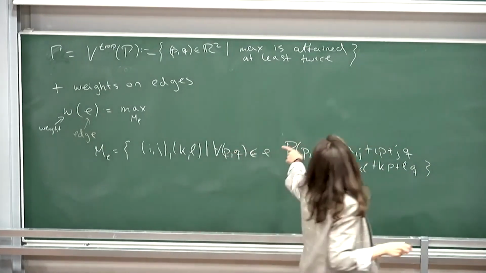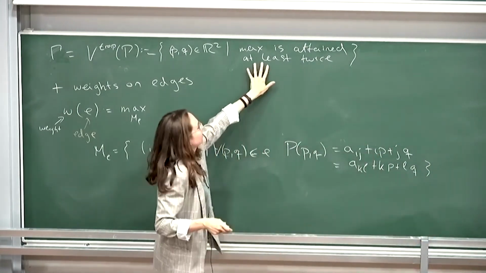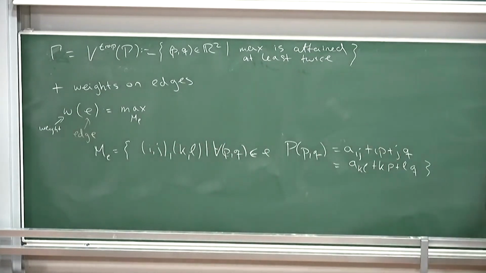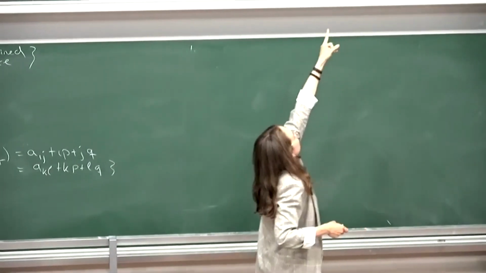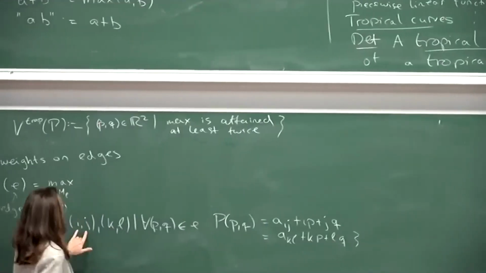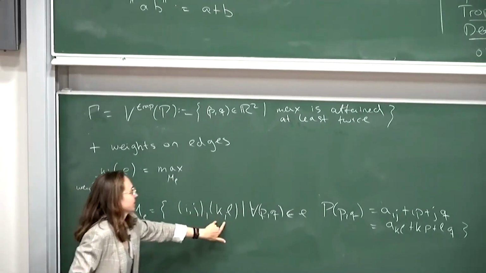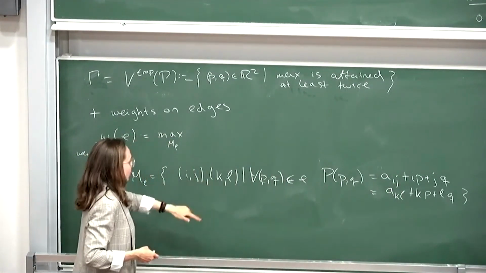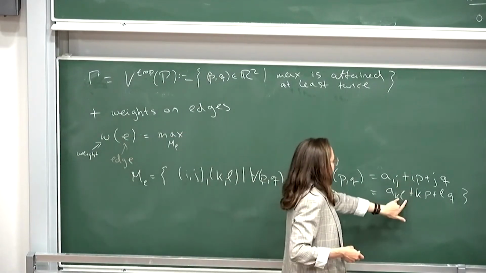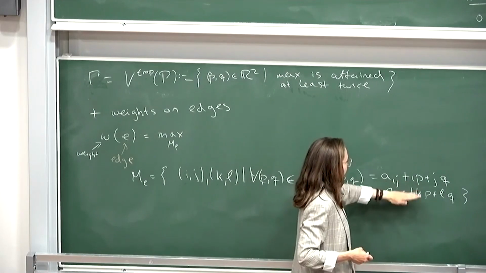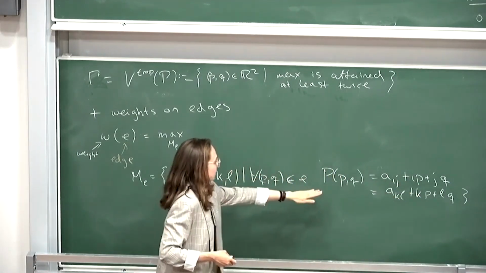I take the locus where the maximum is attained at least twice, but it could also be more than twice. So we have these linear functions up there. There are at least two of these tuples where the maximum is attained, but there could also be more choices for this.